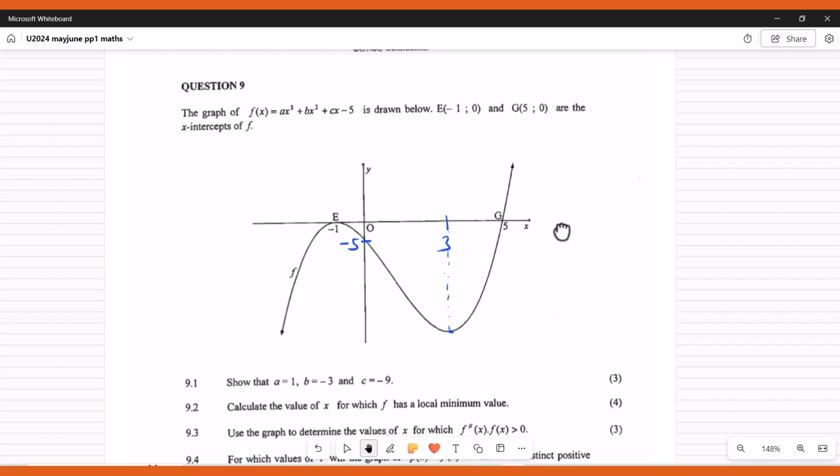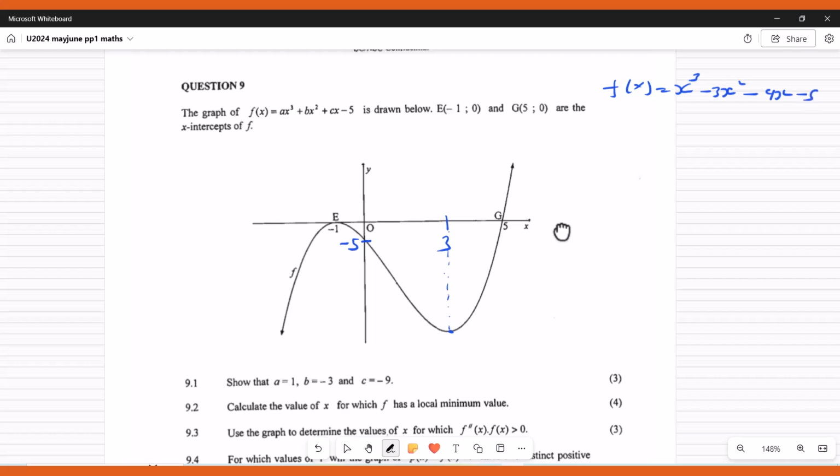First differentiate this again. We know our a, b, and c. So if I check it properly, my f of x equals a, which is 1, x cubed, then plus b, which is minus 3x squared, and c, minus 9x, and then minus 5.